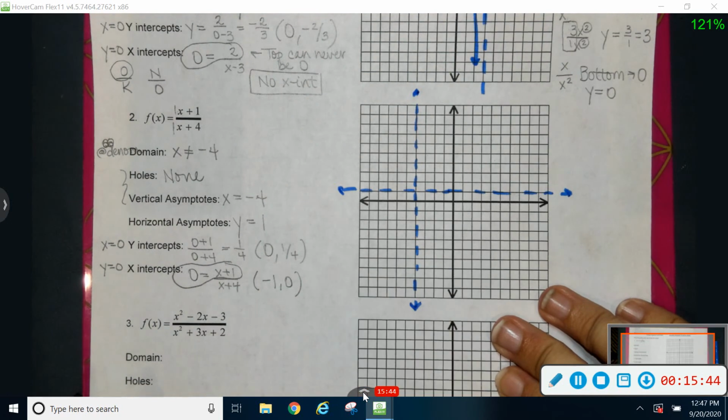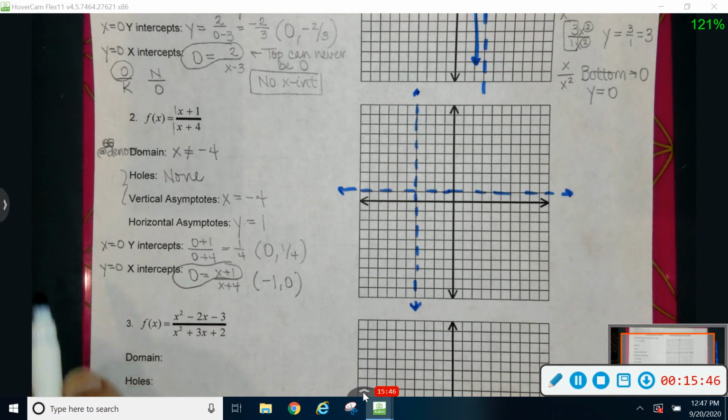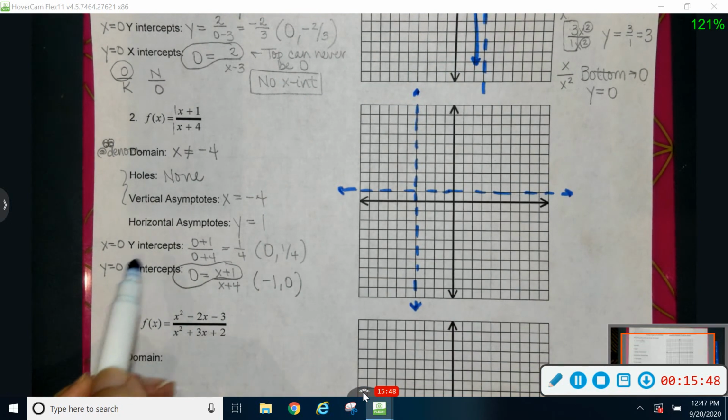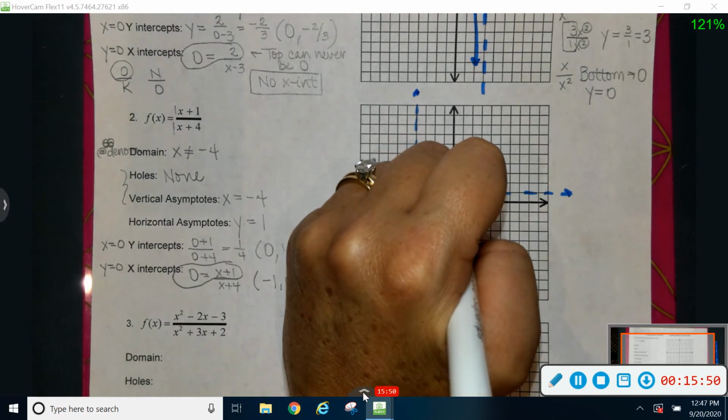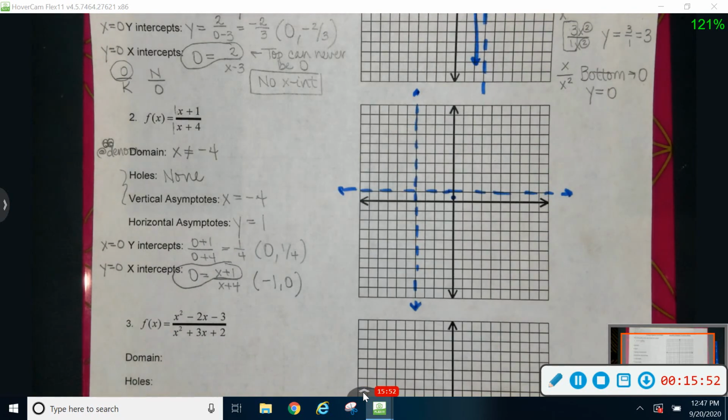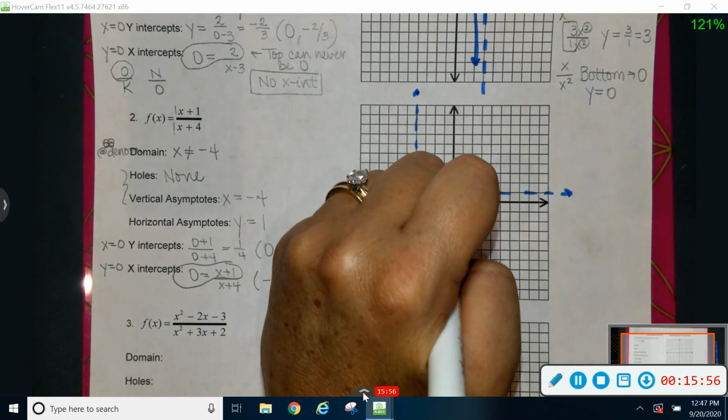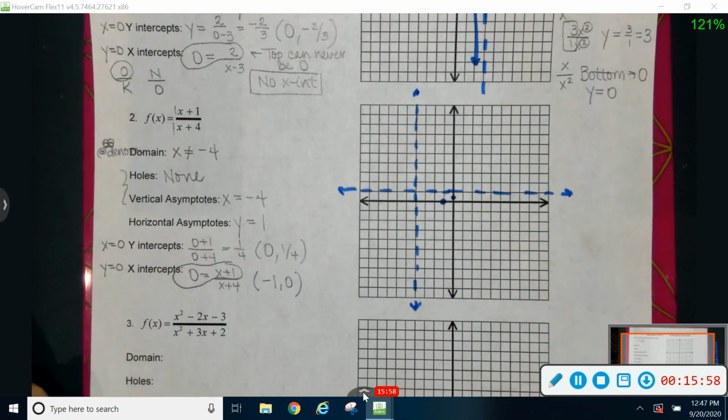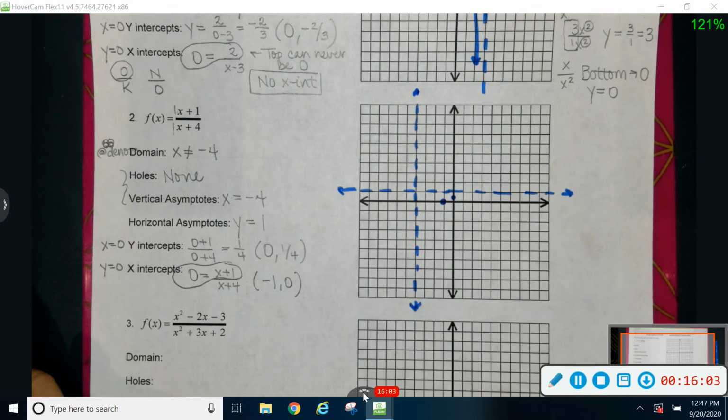Kind of making that grid, making those 4 corners. I got 2 points this time. Y-intercept at (0, 1/4), so just barely above that x-axis, and an x-intercept at (-1, 0). So I actually got 2 good points in that quadrant.